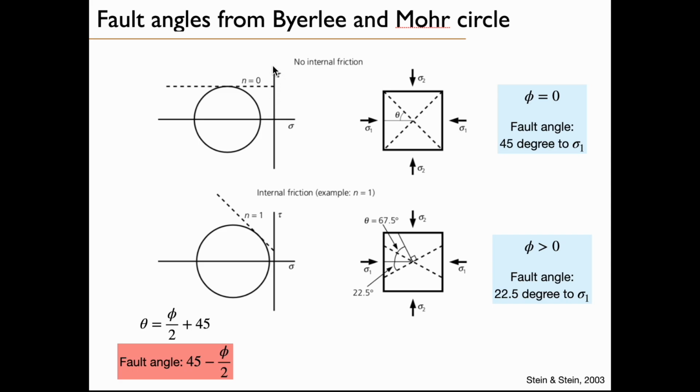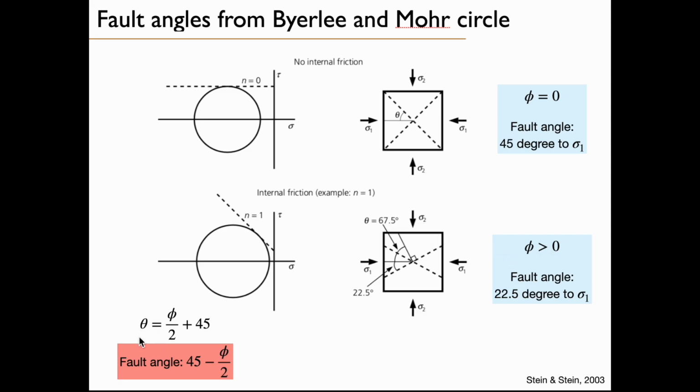If the model has friction or plasticity, for example in the case of Byerlee, the angle is larger than 0, and rather on the value of 35 degrees, one can deduce the fault angle relative to sigma 1.